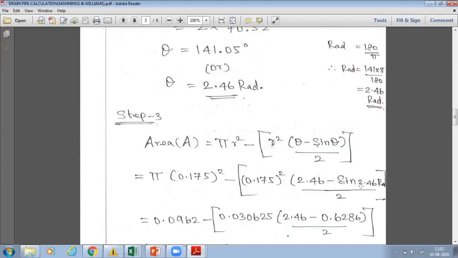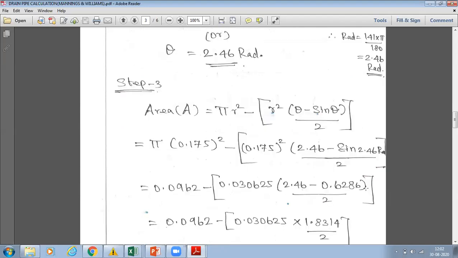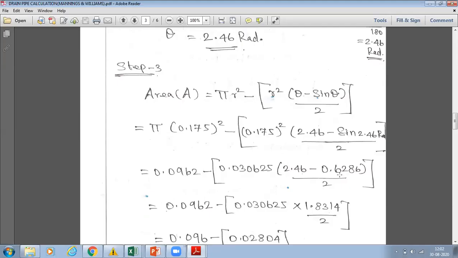After putting sin 141, you will get 0.6286. If you are doing it in the Excel sheet, you can put sin 2.46 directly, and use the radian formula.